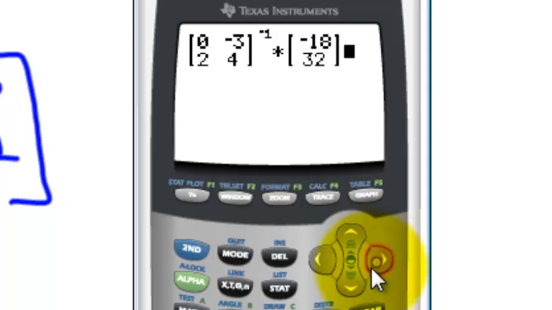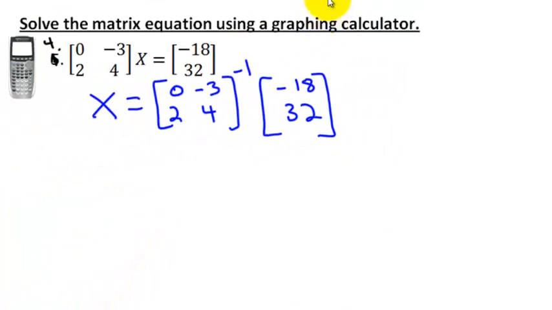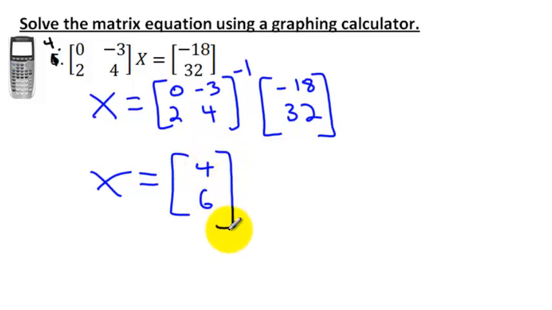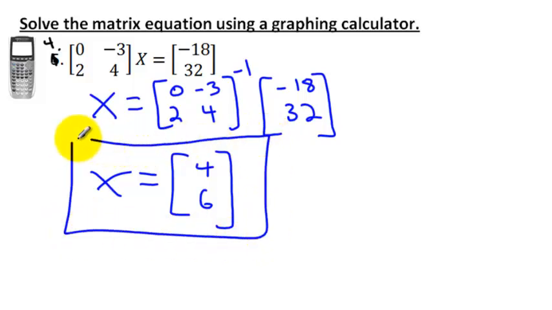Now there's the answer, 4, 6. So we come back over here, and our answer is that matrix X is equal to the matrix 4, 6. If we had a 4 and a 6 right there and multiplied it with this matrix, you'd get -18, 32. That's the answer. With our calculators, this makes it nice and easy.